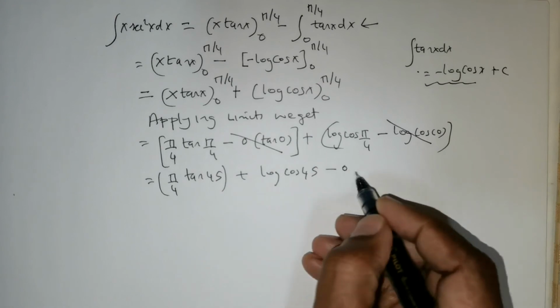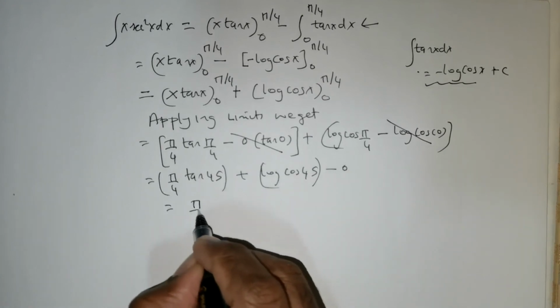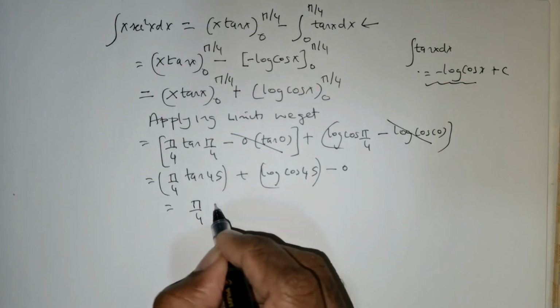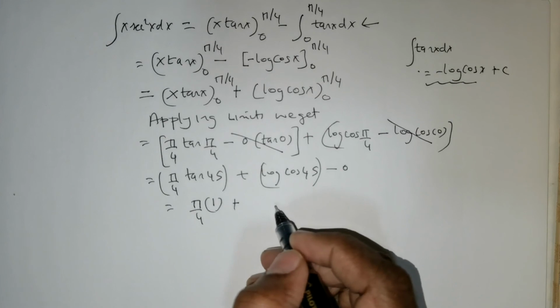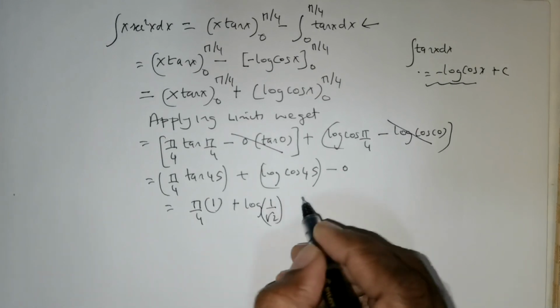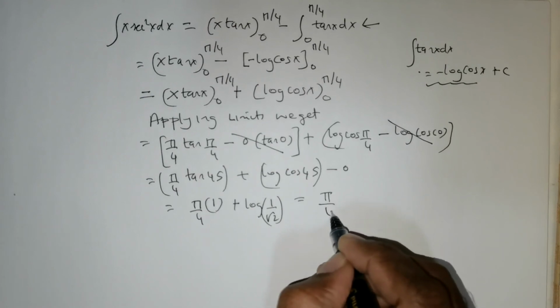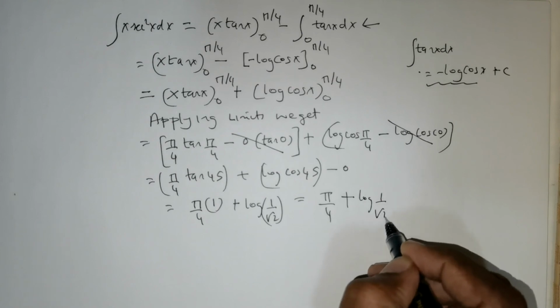You don't need to write this; just for the sake of continuity, I'm writing it. So this is pi over 4, tan 45 is 1, plus log of cos 45. Cos 45 is 1 over root 2, so this is log of 1 over root 2. The final solution is pi divided by 4 plus log of 1 over root 2.